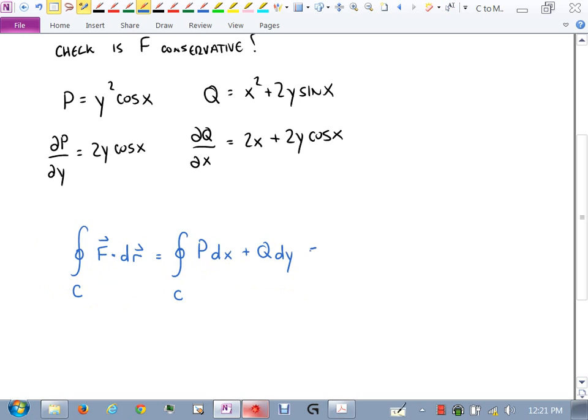And then I'm going to say, but because of Green's theorem, this is the double integral over D of partial Q with respect to x minus partial P with respect to y dA, so long as I can come up with some representation of D.